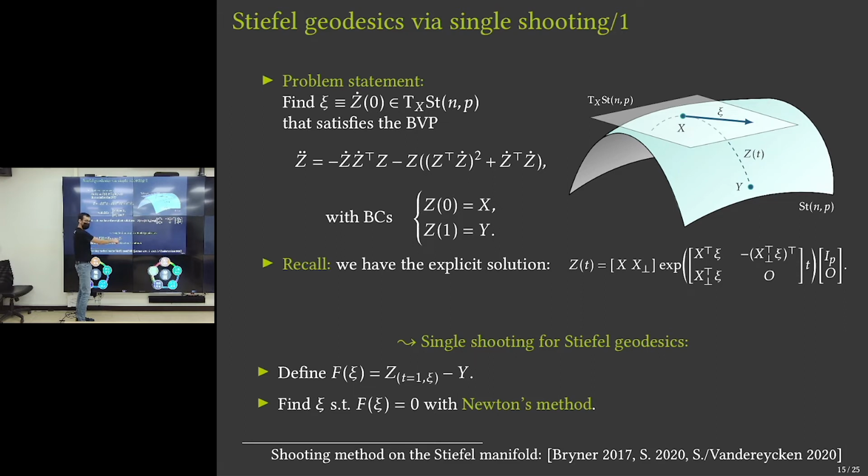But we want to arrive at the point y, and this will not be the case for the initial guess of psi. So here psi plays the role of the parameter S in the slides that I just showed before, because this is the value that we want to find.